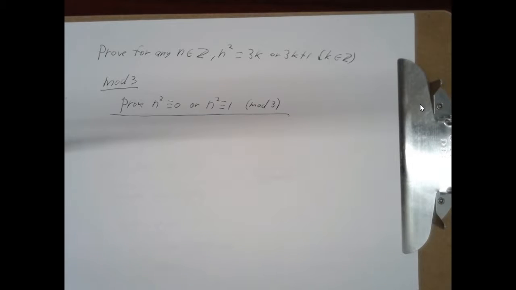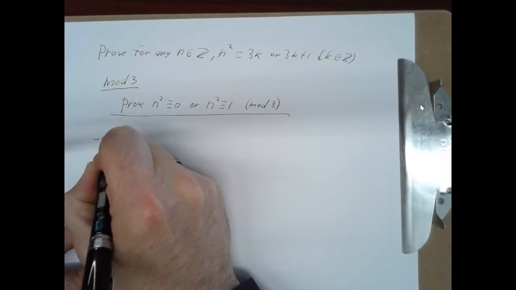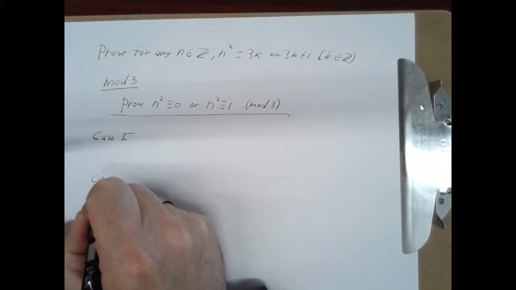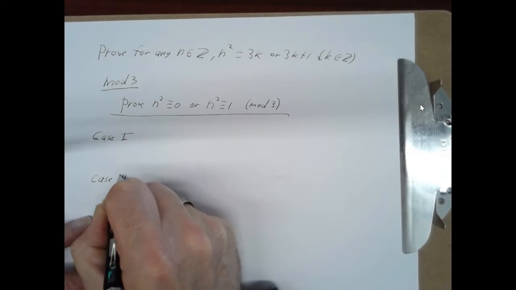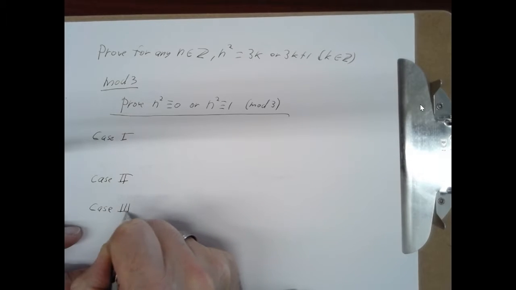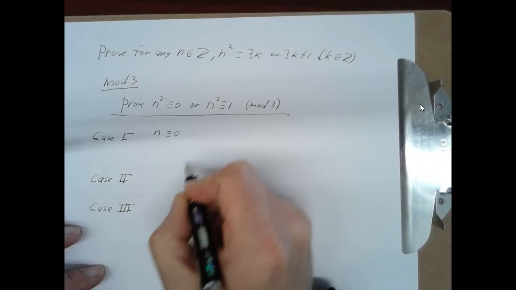So this basically gives us a set of cases, because any integer that we can imagine is congruent to either 0, 1, or 2 mod 3. So let's just do 3 cases. So case 0, n could be congruent to 0.